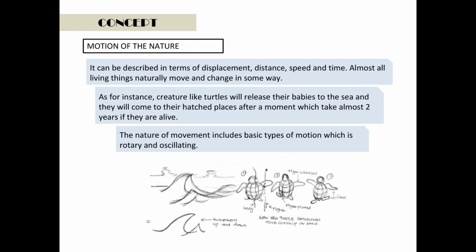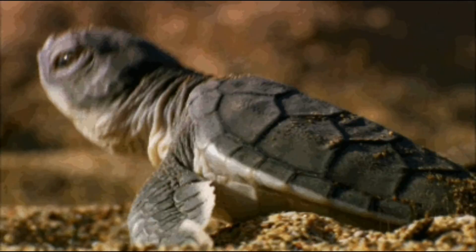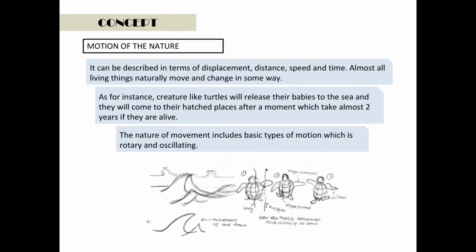So my concept is motion of the nature. Motion is the phenomenon in which an object changes position over time. It can be described in terms of displacement, distance, speed, and time. Almost all living things naturally move and change in some way, for instance creatures like turtles will release their babies to the sea and they will come back to the hatching place after a long time, which takes almost 2 years if they are alive.